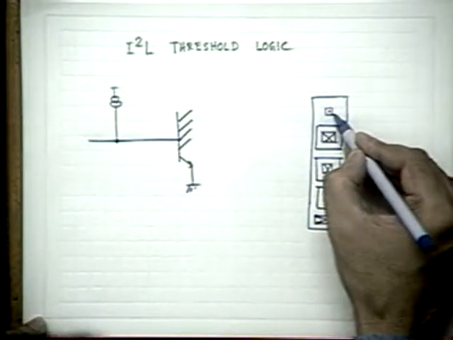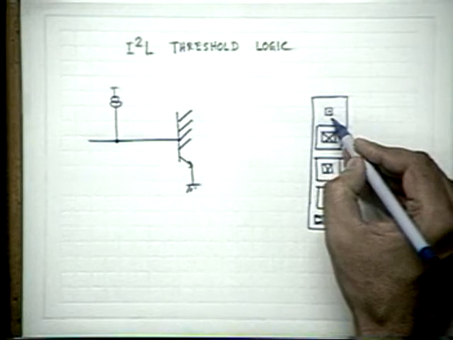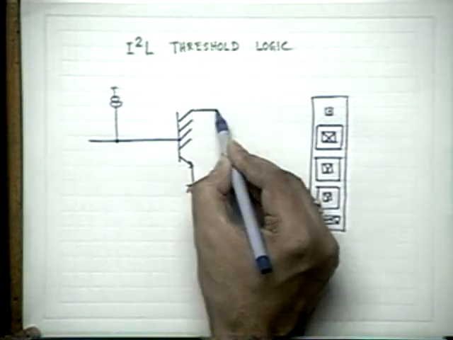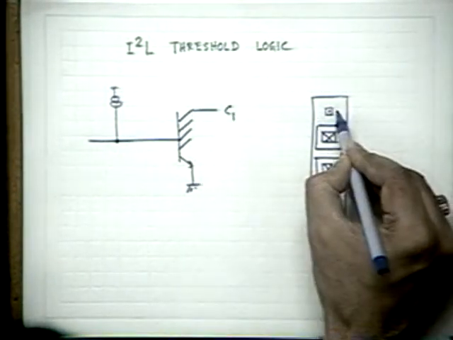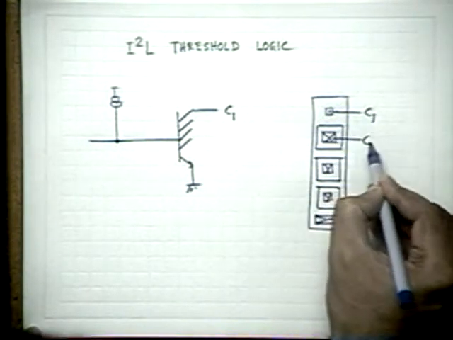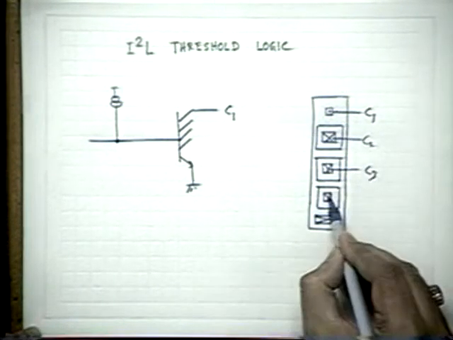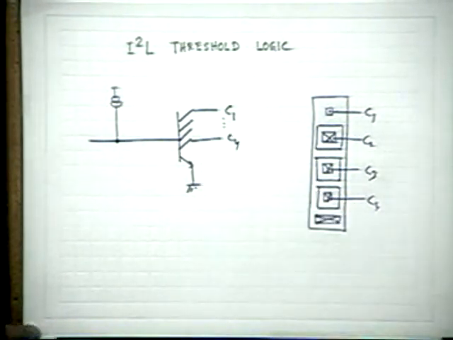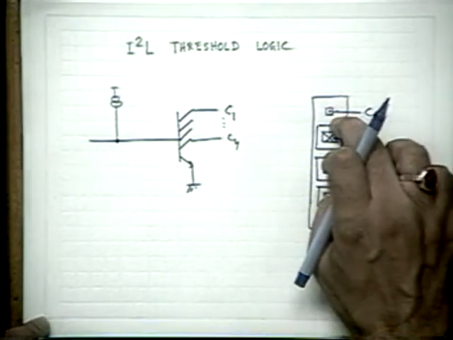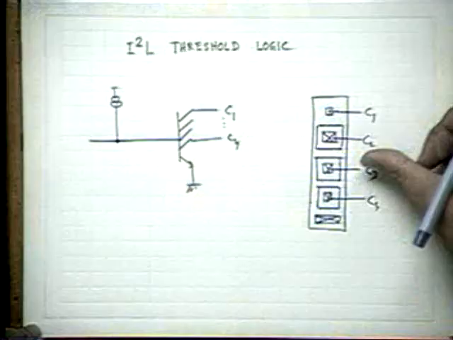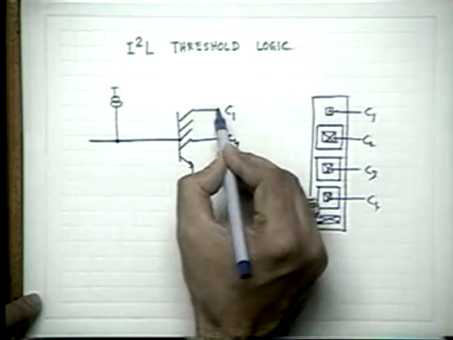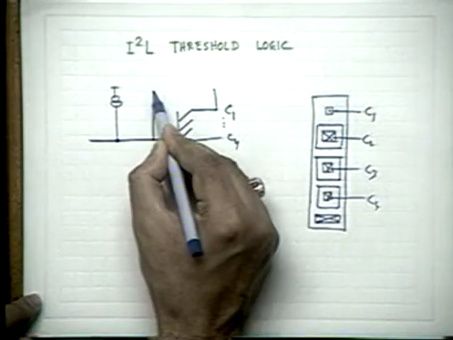This collector has a very, very small area, a small fraction. If I call the collectors C1, C2, C3, C4, then the area of C1 is a very small fraction of that of C2, C3, and C4. Then what you do, this collector you simply connect with the base.